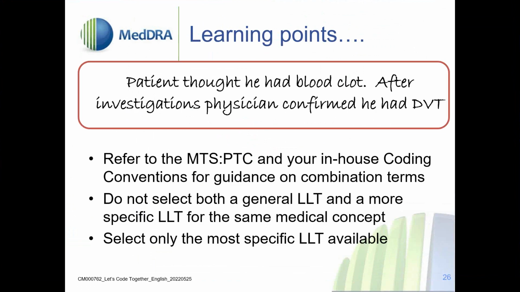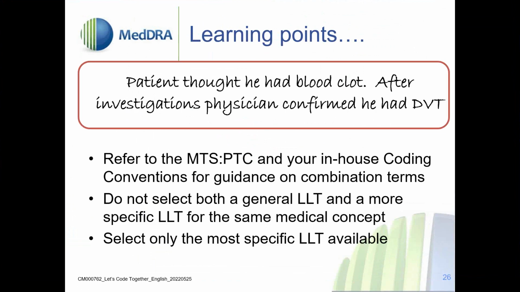So look into the PTC guidance and your in-house coding conventions to see how to handle similar combination terms. Do not split code verbatims which contain both a general and a more specific information for the same medical condition. So here we have thrombosis and DVT, or in the example taken from the PTC document, we had an arrhythmia that was further specified as atrial fibrillation.